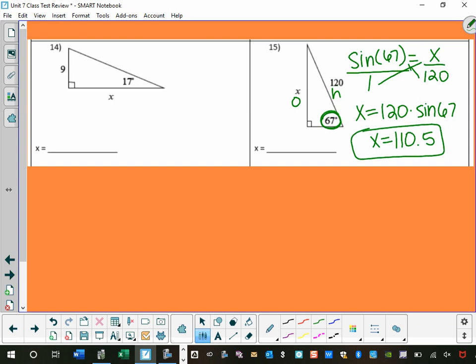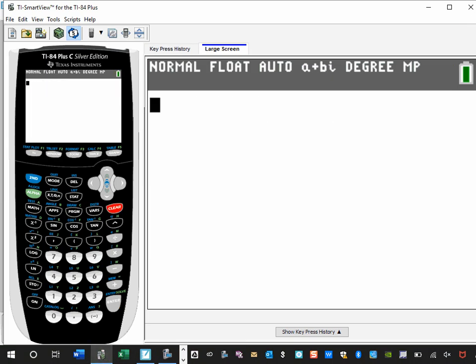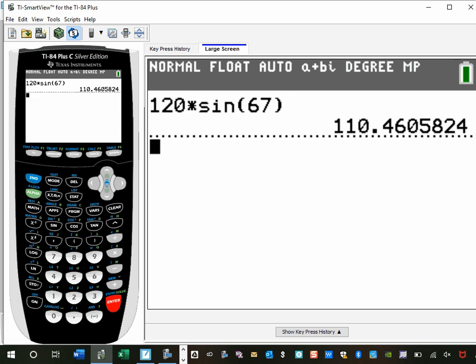Wait, how do you do that? So I put in 120 times sine 67. I get 110.46. That 6 makes the 4 go up.